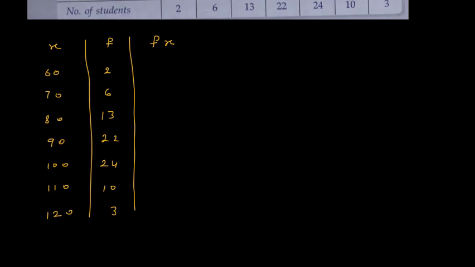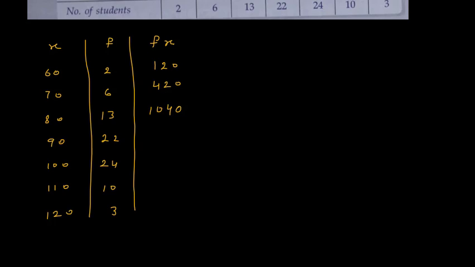So 2 into 60, this is 120. 6 into 70, this is 420. Now 8 times 13: 8 threes are 24, I will write 0, 4 to carry, and 8 times 1 is 8 plus 2 is 10. So 1040.